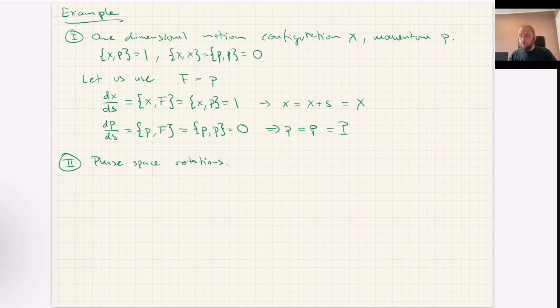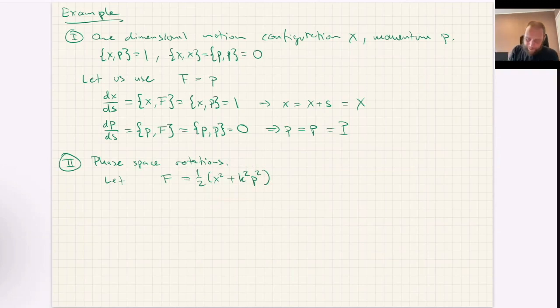Let's keep to the same one-dimensional motion, but I can instead define my function f as 1/2 x squared plus k squared p squared, for some positive number k. That has the correct dimensions, so that both terms have the same dimension.